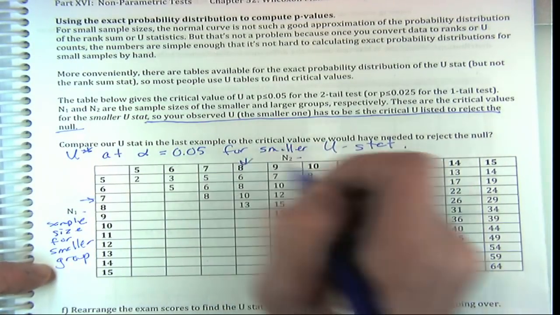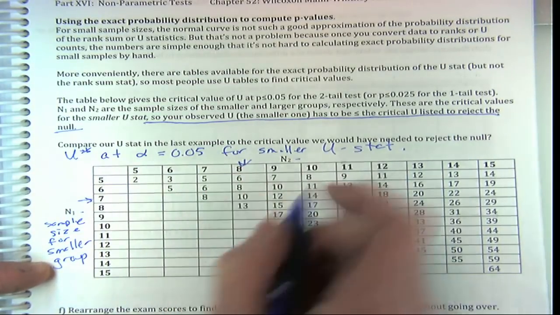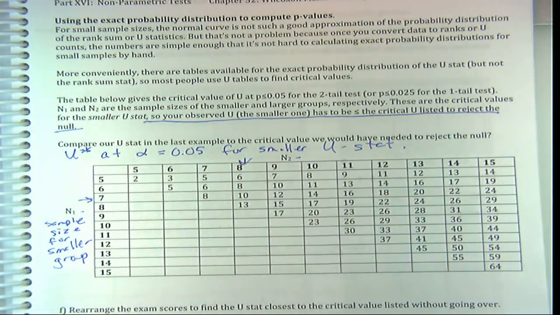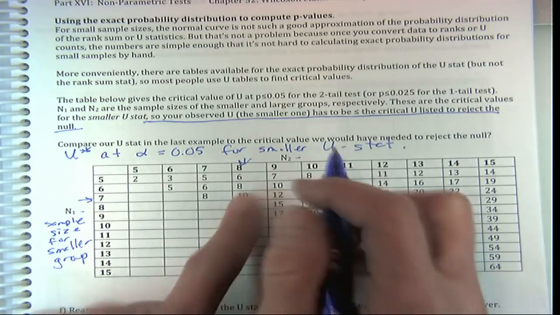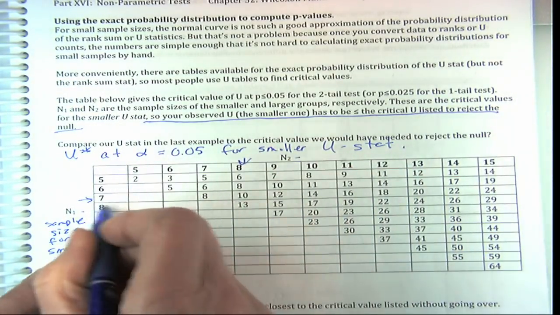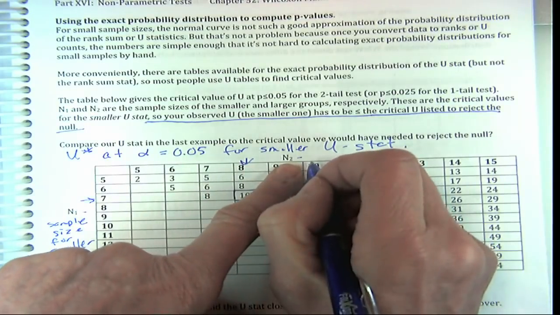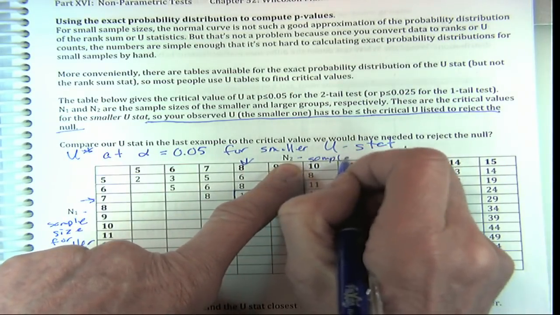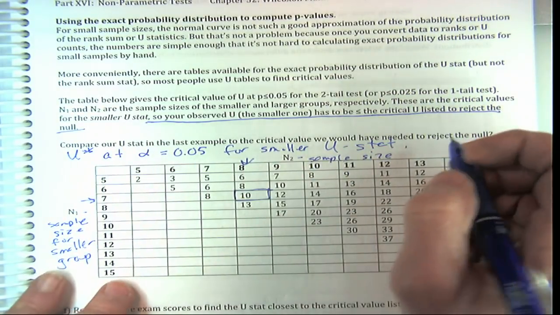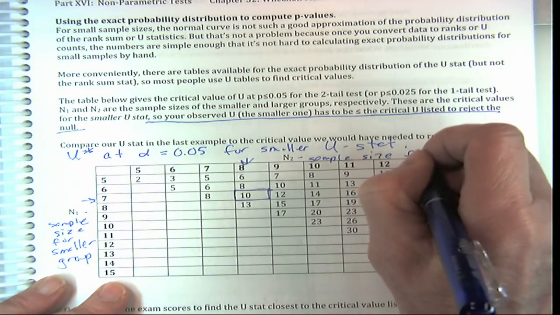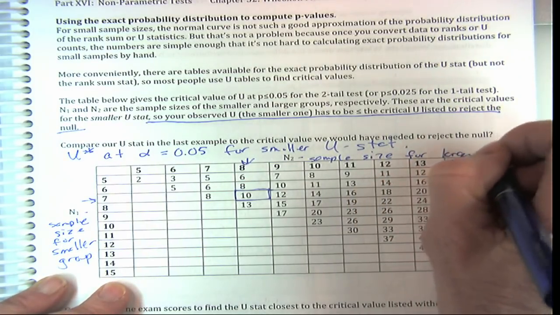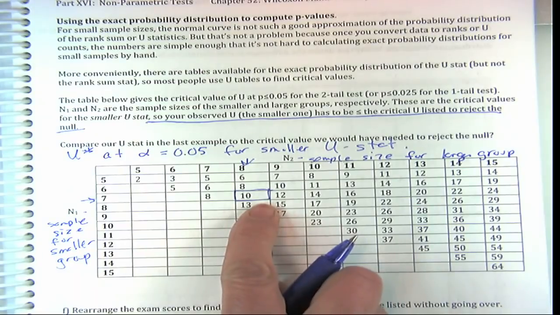And this is the sample size for the larger group. Our larger group had 8. Don't confuse that with larger U statistics. So this is just where to look. We're looking right here at our critical value.